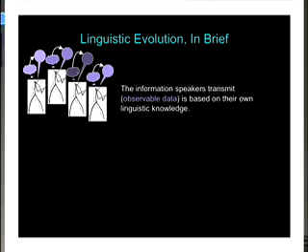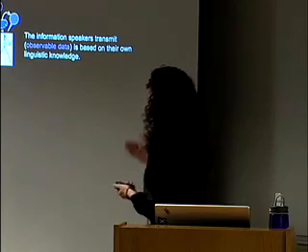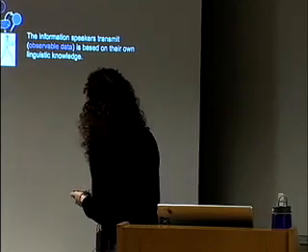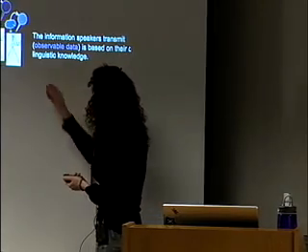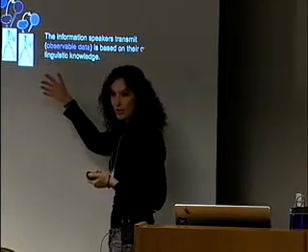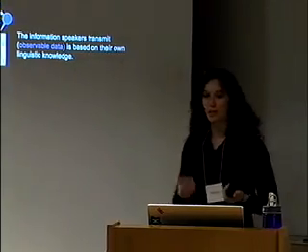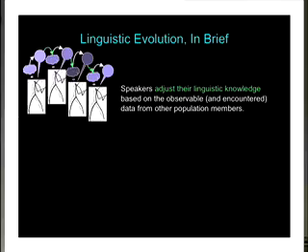The interesting thing about language is that the observable data that we see is actually generated by an individual's linguistic knowledge. So there's this indirect process where we're trying to figure out what the linguistic knowledge is by looking at the output of the linguistic knowledge, which is the observable data within the language.